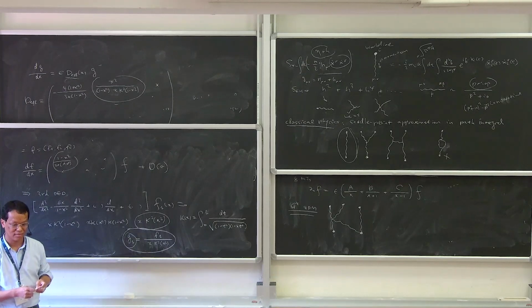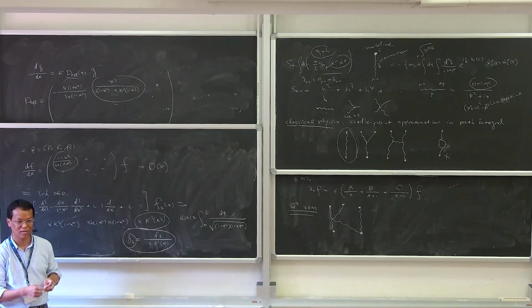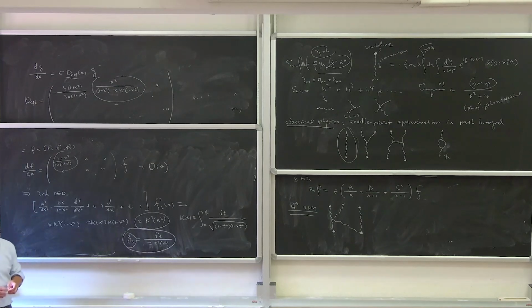Do you ever encounter UV divergences? Or do you expect quantum UV divergences higher than... I don't know. But at 4PM, I think we have IR divergence. Yeah, that's what I'm asking about.